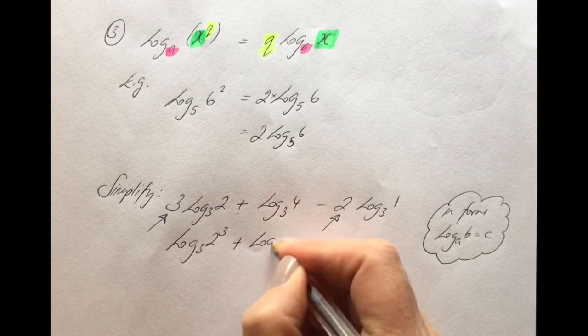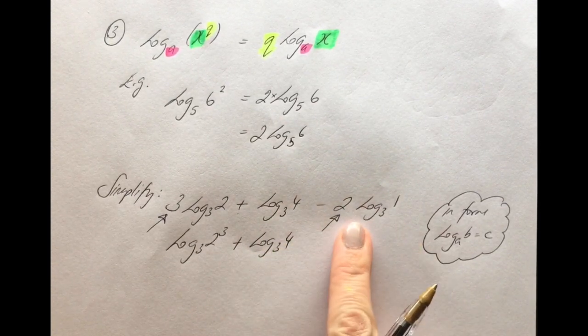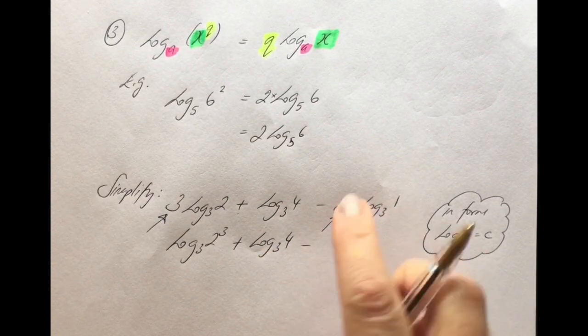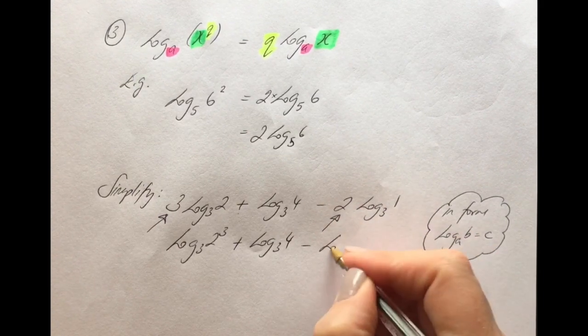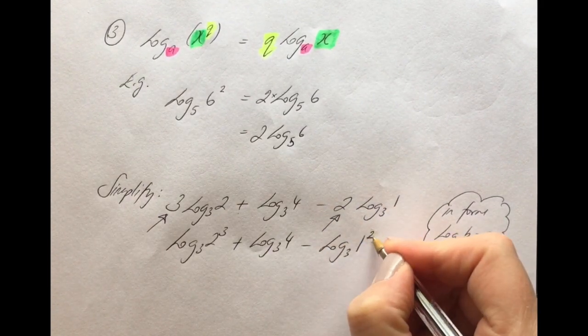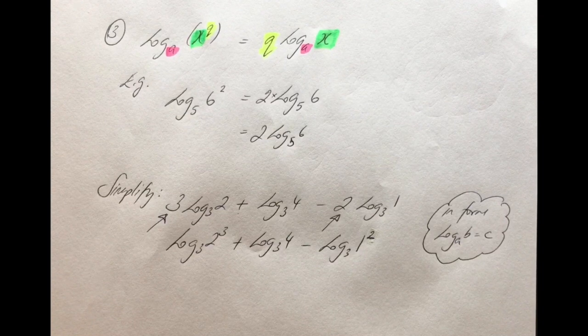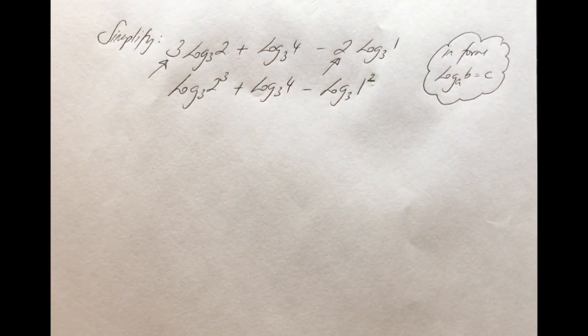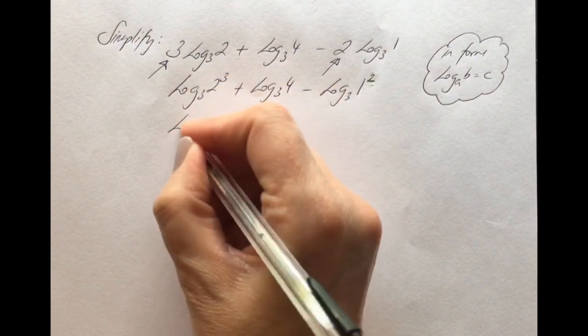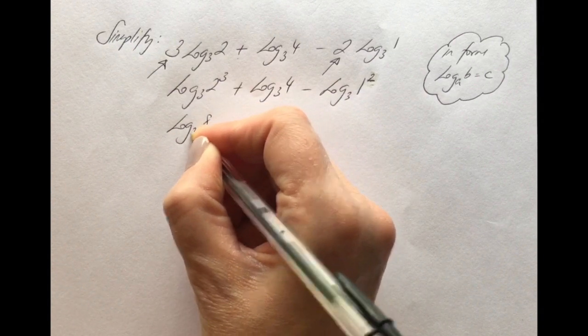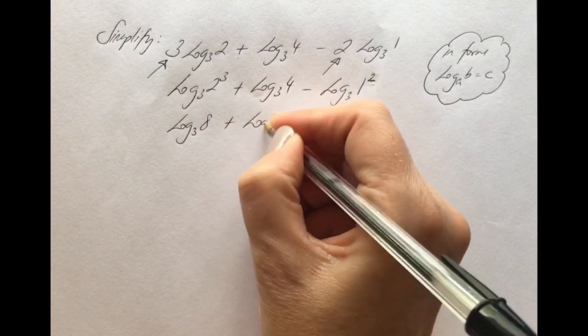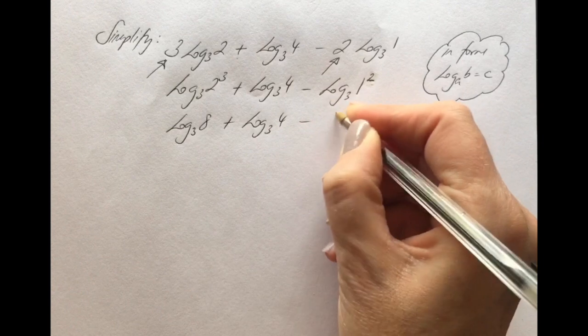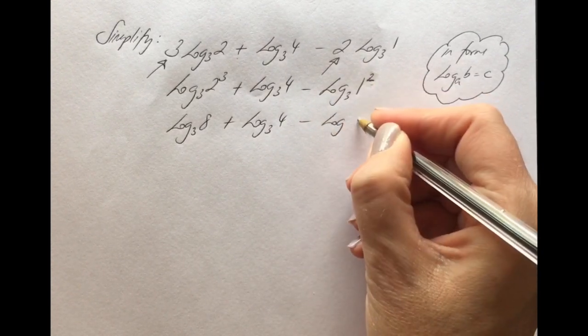So plus log 4 in the base 3, I'm going to do the same thing over here, bringing that 2, which is being multiplied, back up to the power, okay? So what that gives me is 2 cubed, which in this case I can evaluate, which is 8 in the base 3, plus log 4 in the base 3, minus log 1 squared, of course, is 1 in the base 3.